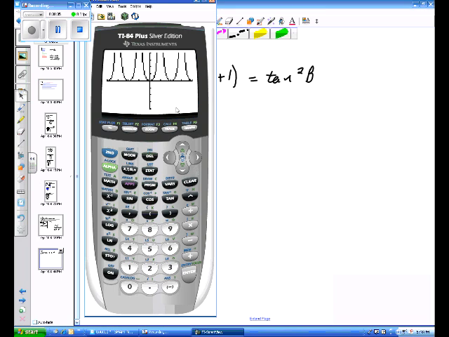Okay, now let's go back and do the second one. So let's go down to y sub 2. And we want this one to show up on our graph differently so that we'll know if it's actually on top of that. I was not always aware that my graph would do this, but if you left arrow back over to this part, you can change what your graph is going to look like.